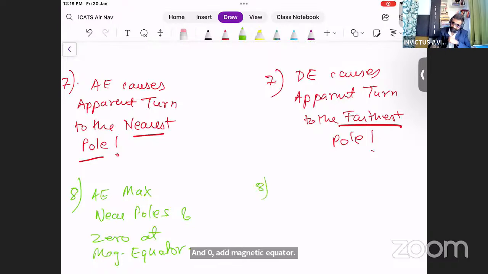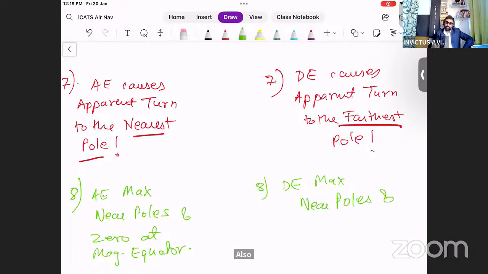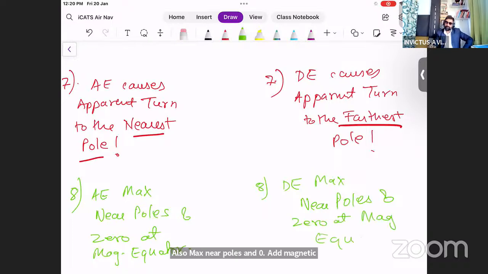Eighth point, deceleration error also maximum near poles and 0 at the magnetic equator.